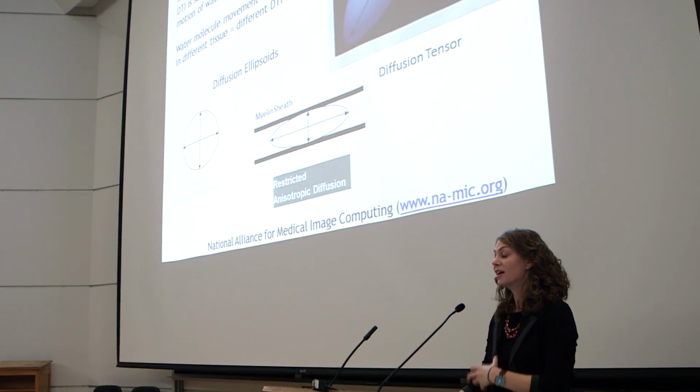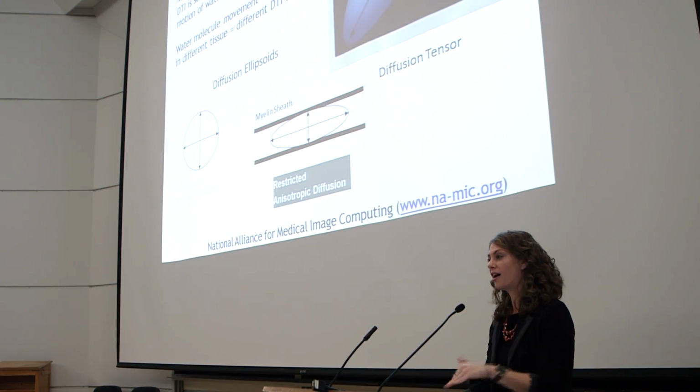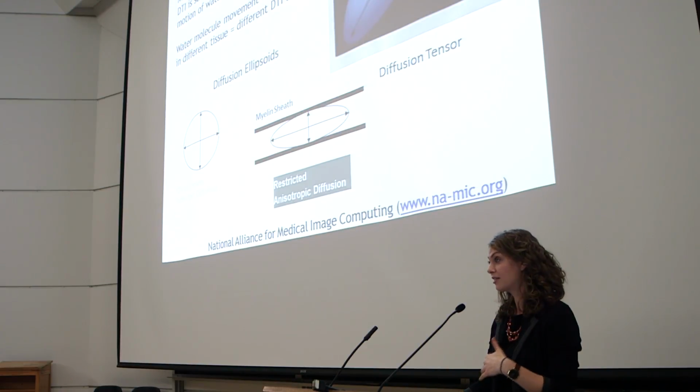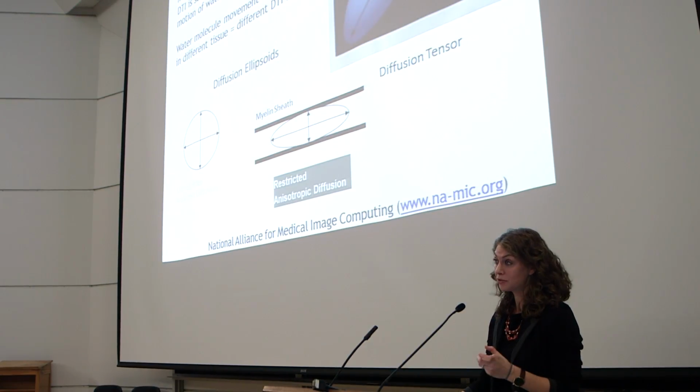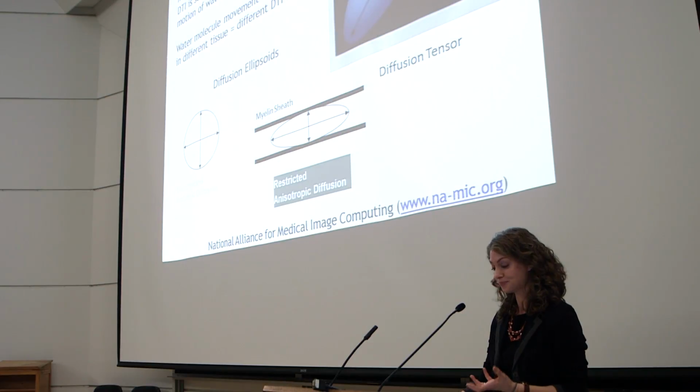If you think of cables with lots and lots of wires inside, water molecules are not going to be able to go across. They have to go along, just like water along a straw. And so you get a very different signal from areas of the brain that house white matter as opposed to other areas of the brain, and we can capitalize on that difference of signal and extract information indirectly about the structure of underlying white matter.